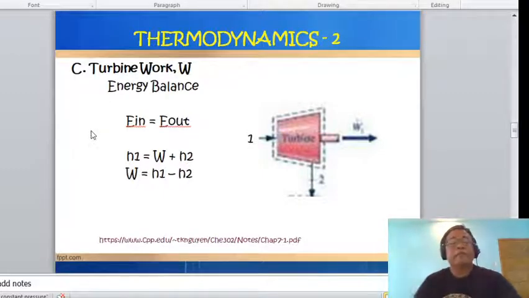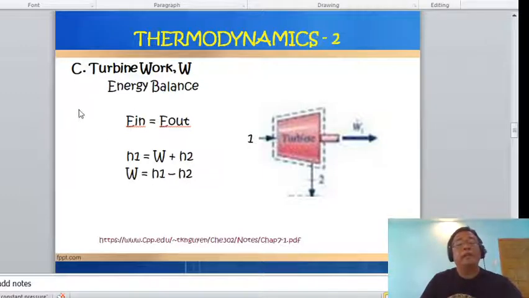Okay, so in preparation for the calculation of h2, and then of course leaving is the work and then the enthalpy at 2. So again, class, I already mentioned how you are going to calculate the enthalpy at point 2. Again, I'll repeat. Okay, so after getting s sub 1, that is equal to s sub 2.